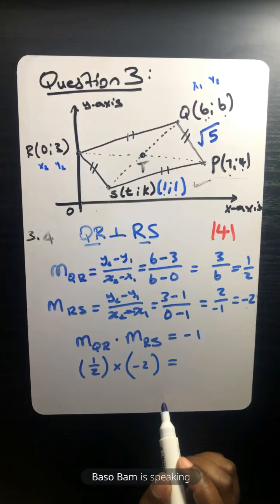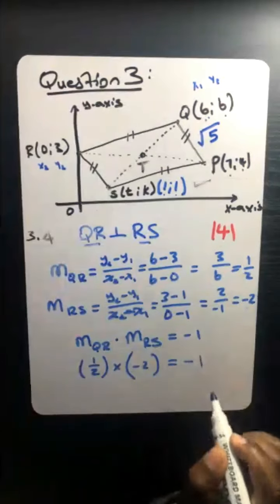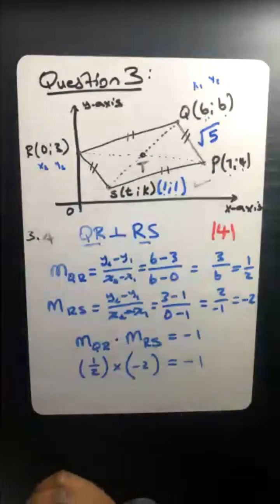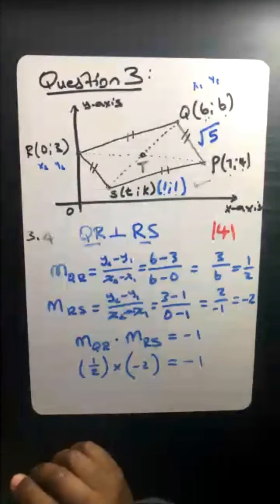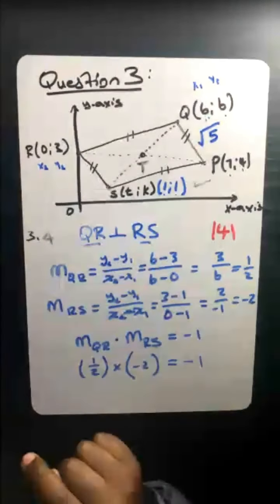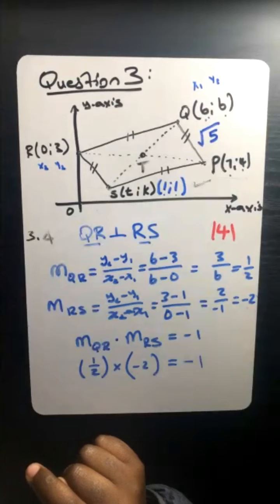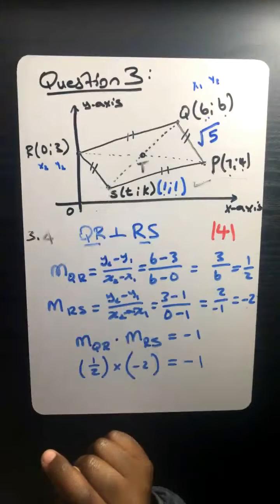Yes, sir, it is -1. 100%. This is -1, which is a good indication that QR is actually perpendicular to RS. By so doing, guys, this is how you score yourself 4 marks.